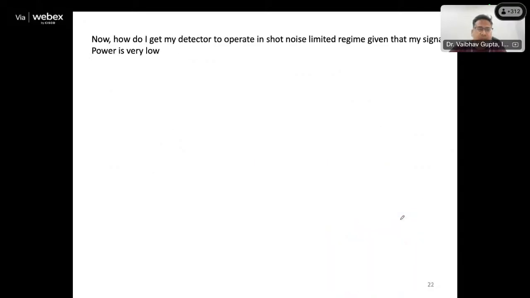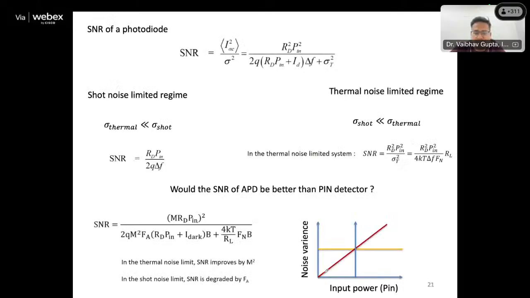Now, how do I get my detector to operate in the shot noise limited regime, given that my signal power is very low? Previously you have seen that, given power is very low, you typically operate in this regime, because here the input power is quite low. And if the input power is low, shot noise is less, but thermal noise is quite high. This is called a thermal noise limited system.